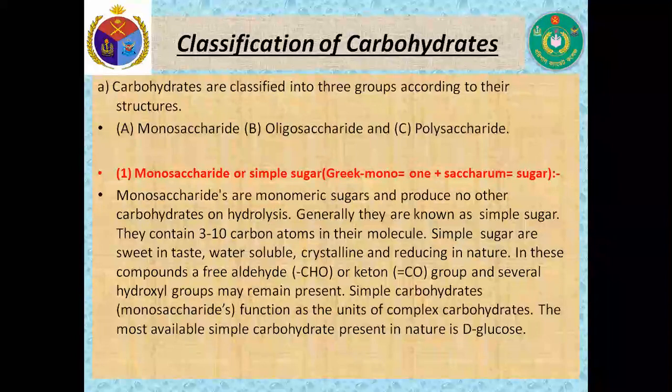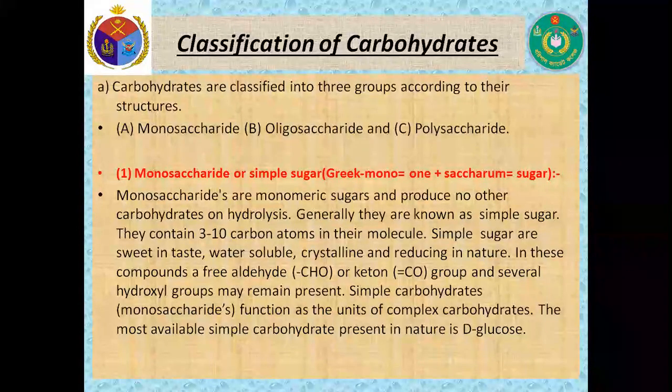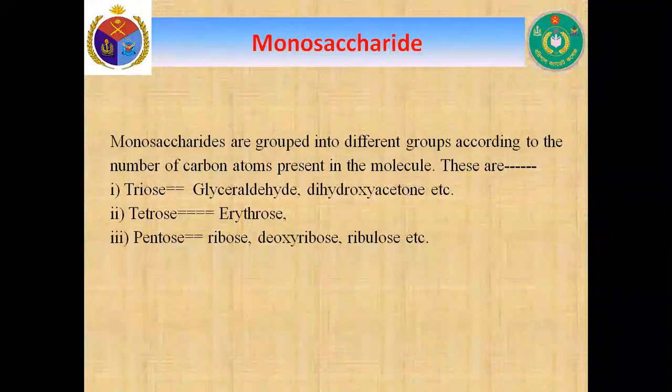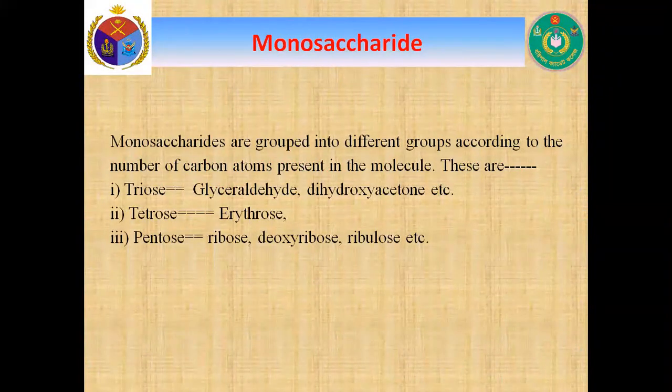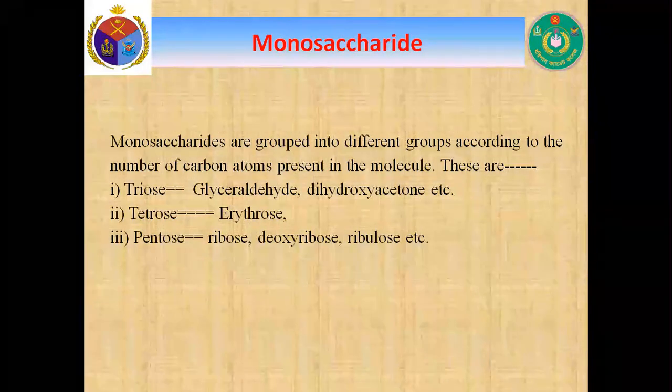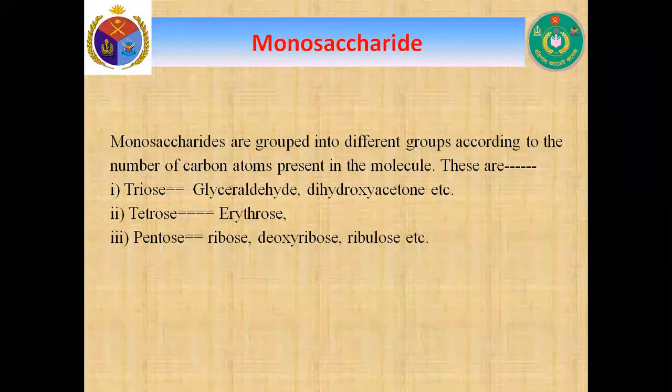Simple carbohydrates, it means monosaccharides, function as the unit of complex carbohydrates. The most available simple carbohydrate present in nature is D-glucose. Monosaccharides are grouped into different groups according to the number of carbon atoms present in the molecule. These are triose, tetrose, pentose, hexose, heptose, etc.